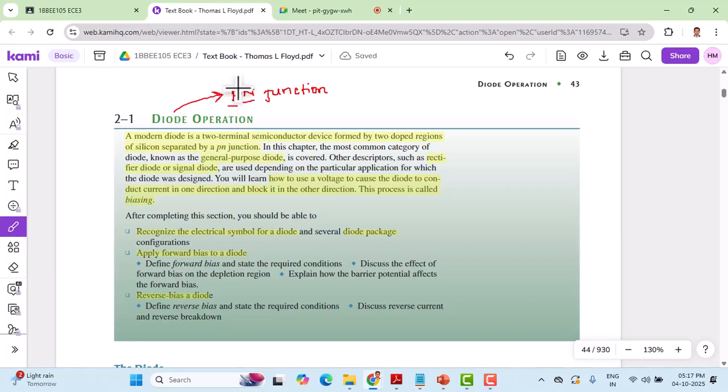And there are two terminals attached to this PN junction. One is the anode, the other one is the cathode. Different types of diodes exist, and here what we are discussing is the general purpose diode. Ordinary diodes are also called general purpose diodes.